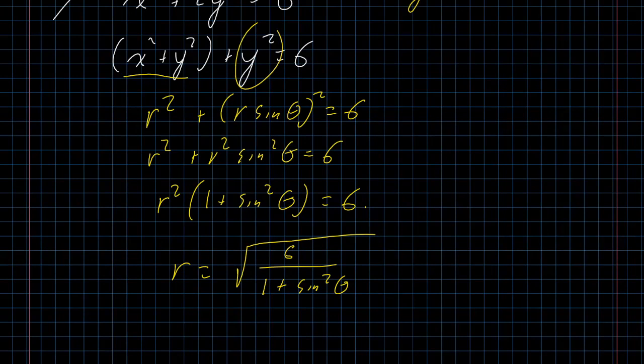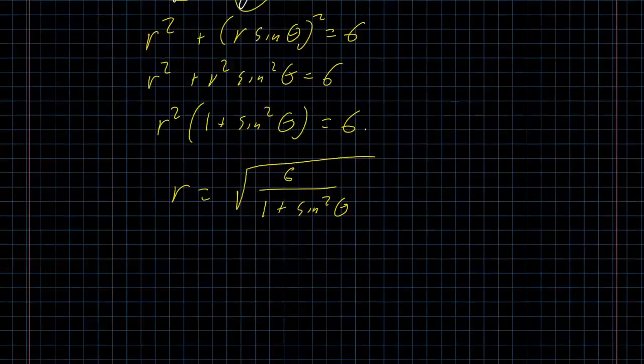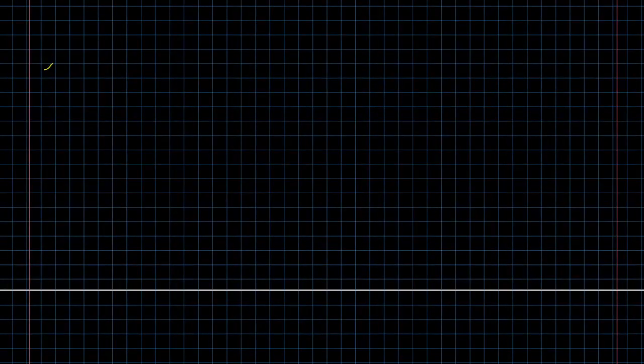Right, so with that idea in mind, I would like you to look at a very similar problem. I'm just going to switch up the addition for subtraction. So we have x squared minus 2y squared equals 6.